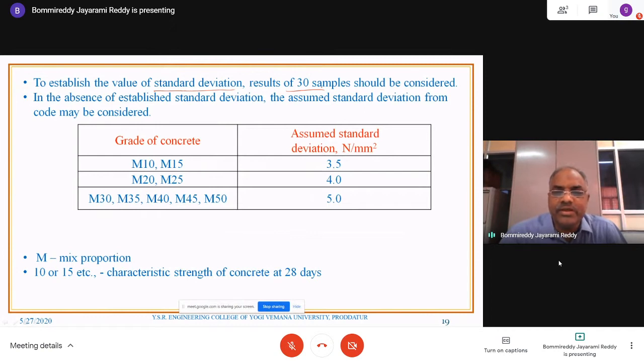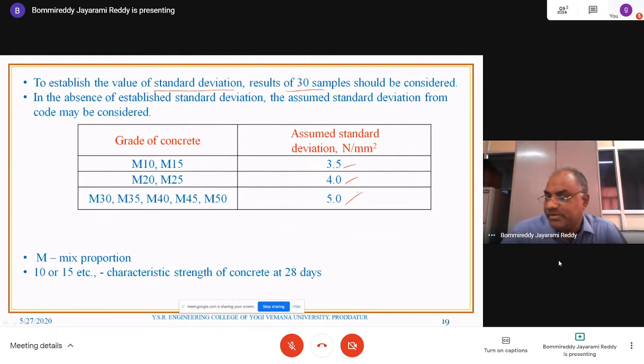Then only you will get the exact standard deviation. In the absence of test data, these values are to be considered as standard deviation: for grades of concrete M10 and M15, 3.5 Newton per mm square; M20, 25, 4 Newton per mm square; and M30 and above, 5 Newton per mm square.